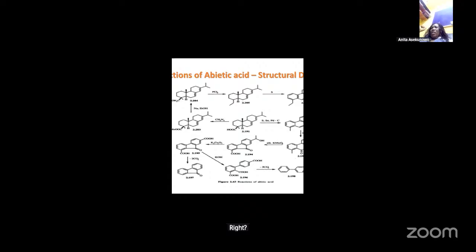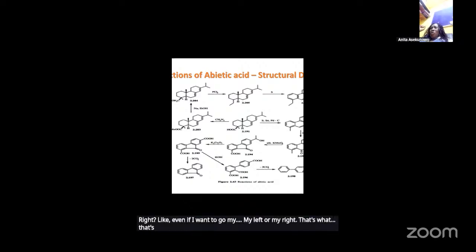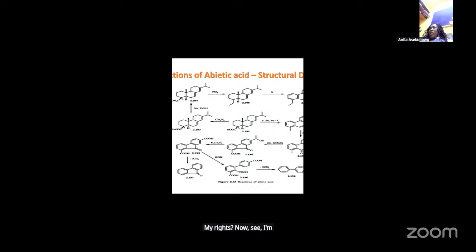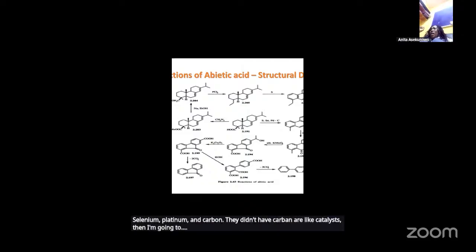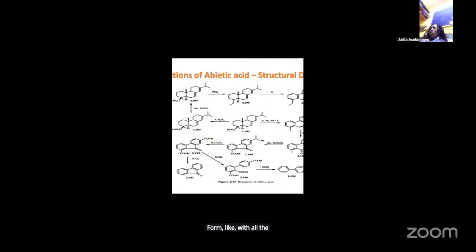Now, even if I want to go my left or my right, that's what happens. If I'm going my right, you can see I'm adding selenium, platinum, and carbon. Platinum and carbon are like catalysts. Then the whole compound is dehydrogenated, so I'm going to form aromatic rings.